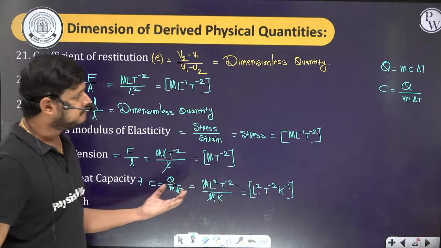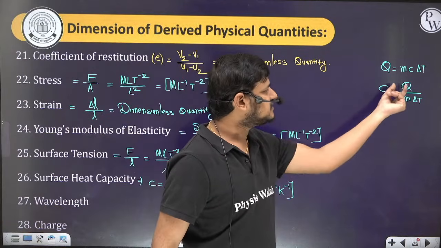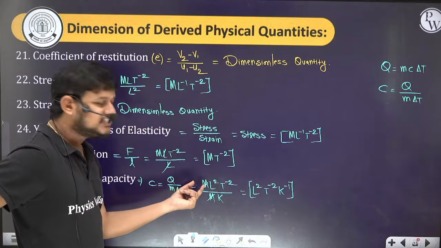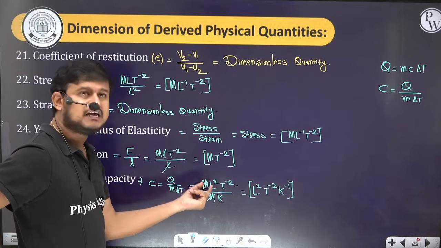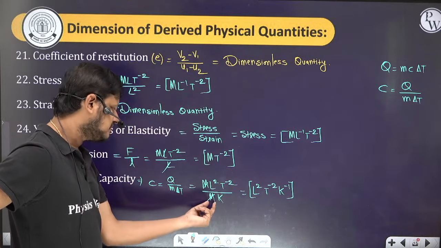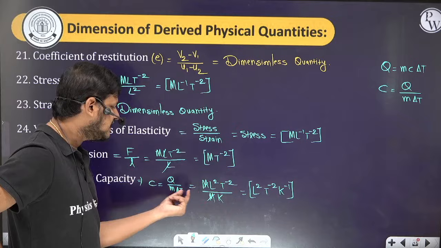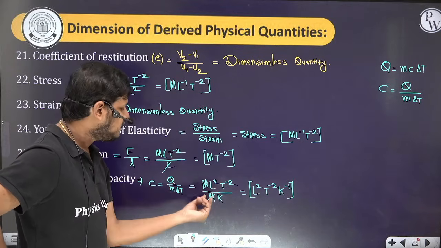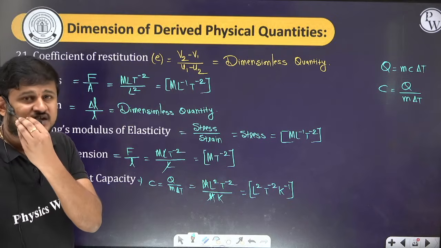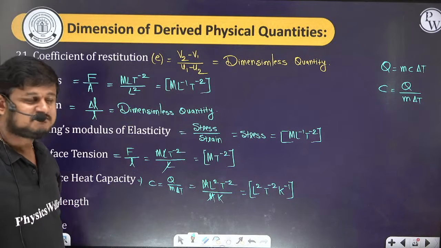Understood how this has arrived? C is equal to Q by M delta T. Q is energy, so in place of energy we write M L square T to the power minus 2, in place of mass the dimension is M, and delta T is Kelvin. Therefore M cancels, L square T to the power minus 2 K to the power minus 1. Clear? Any doubts here? Chalo.